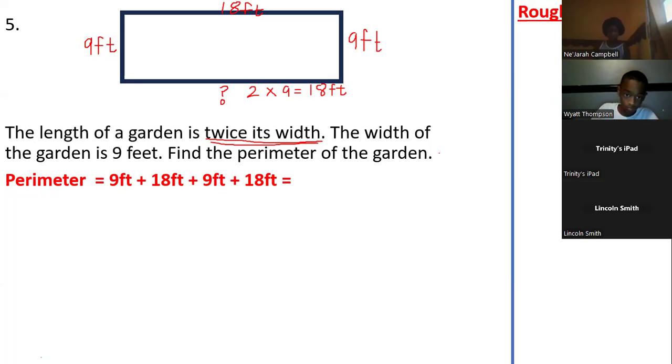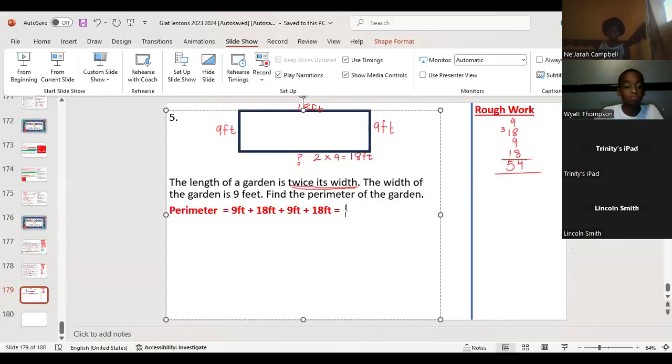I just put 18 plus 18 plus 18. 9 plus 9 is 18. That's smart. 3 plus 1 and 1, that's going to be what? 5. So it's going to be 50. I said 2 times 9 is 18, and 2 times 18 is 36, and then I added it all up. Excellent. So now the perimeter is going to be 54 feet.